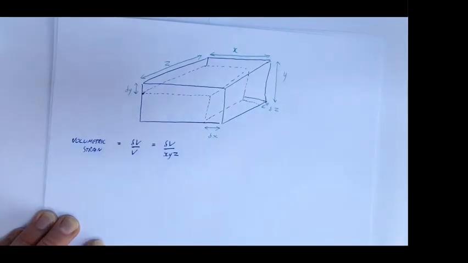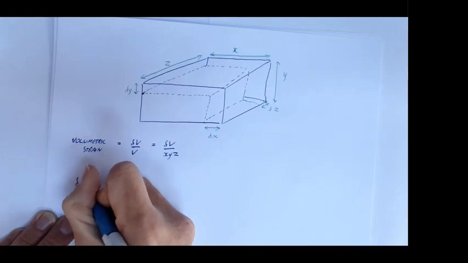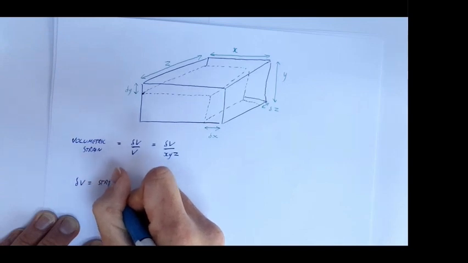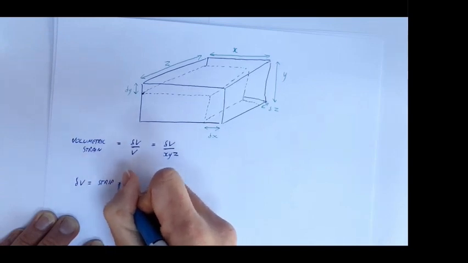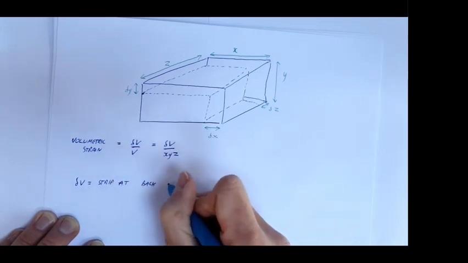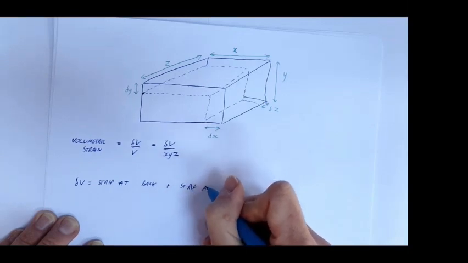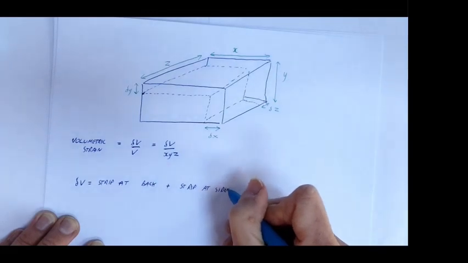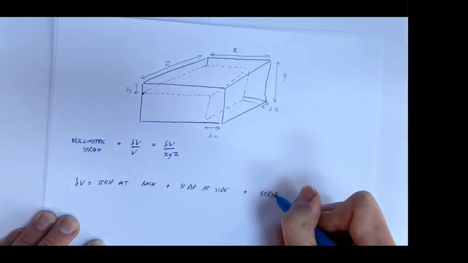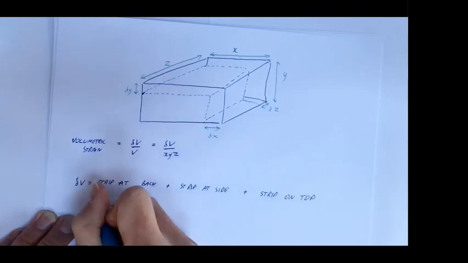So we're interested in change in volume. So let's calculate that. Okay, so the change in volume of this shape is equal to the strip at the back, plus the strip at the side, plus strip on top. Now, what do I mean by that?